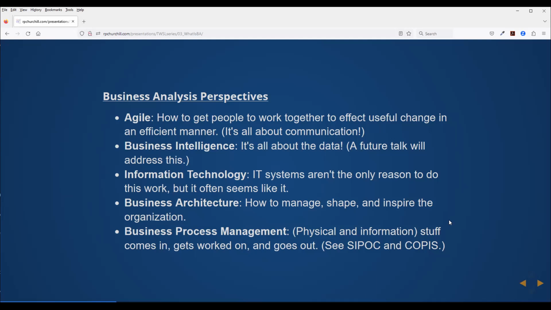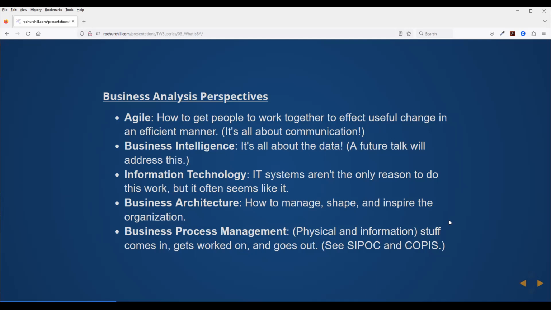The first one is agile. And I say often that agile is problematic. It was created to address a certain series of problems that were endemic to the industry. And now it's a little bit of a scam. It's too formalized.